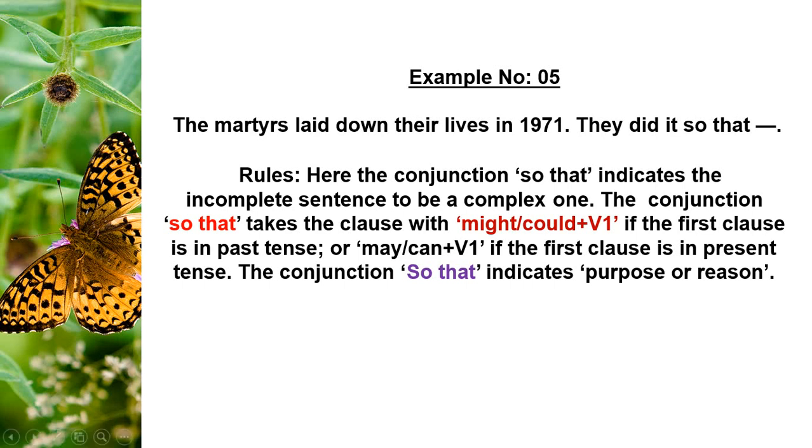Here the first clause "they did it" is in past indefinite tense, so in the next clause we have to use might or could with V1 after subject, and if we have present tense before so that, then we have to take may or can with V1, and so that indicates purpose or reason.